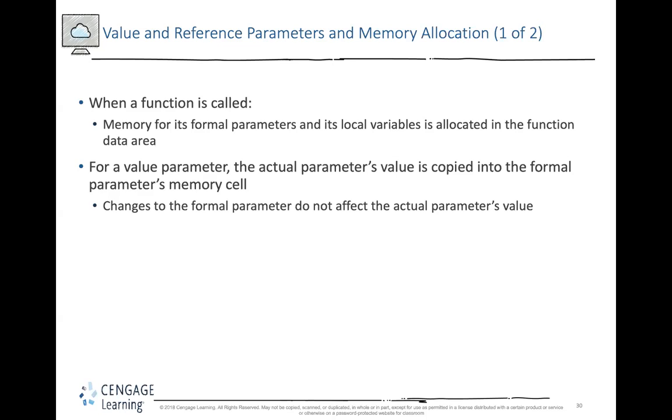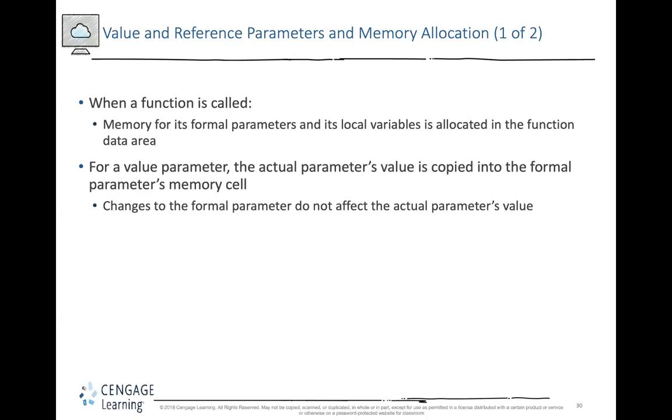There are actually 3 memory zones in a C++ program. You have the stack memory, you have the heap memory, then you also have the so-called static storage area. We're going to talk about static in a bit.